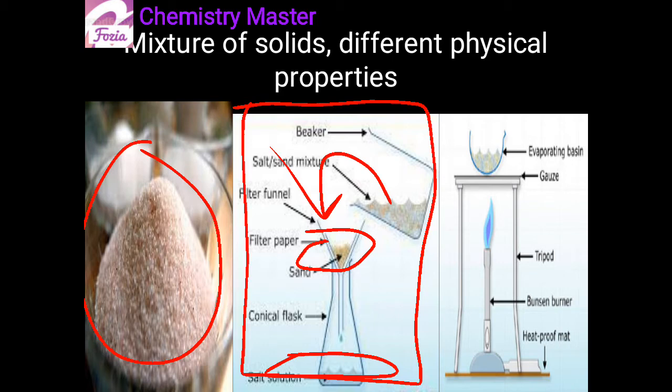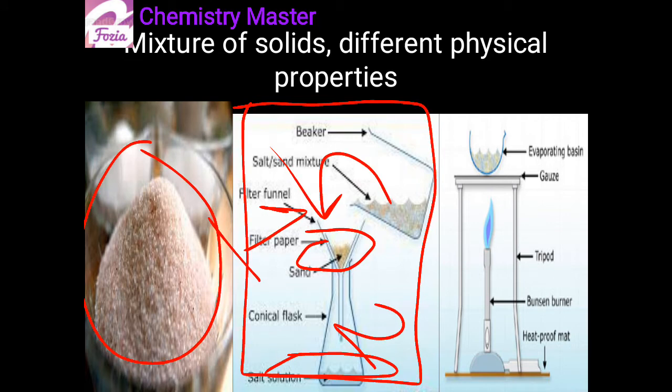So here we have separated two solids on the basis of their solubility in water. We get one solid, sand, on the filter paper, and the second solid, salt, has gone into the water.